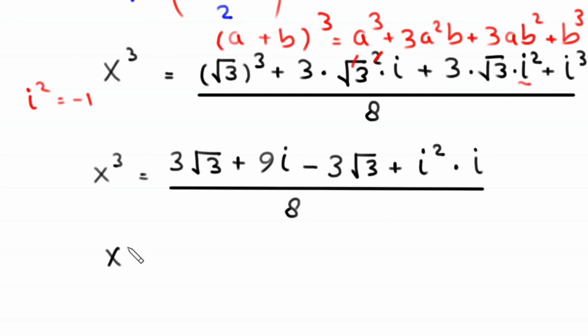Next, this negative 3 times root 3 will be cancelled out with this positive 3 times root 3, and in the numerator we are left with 9 times i. Since i squared is equal to negative 1, so negative 1 times i will become negative i, divided by 8.